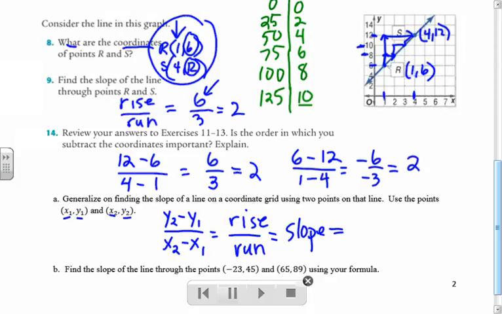You're going to see that we use the letter M a lot to represent the slope. All right, so let's go ahead and try that.